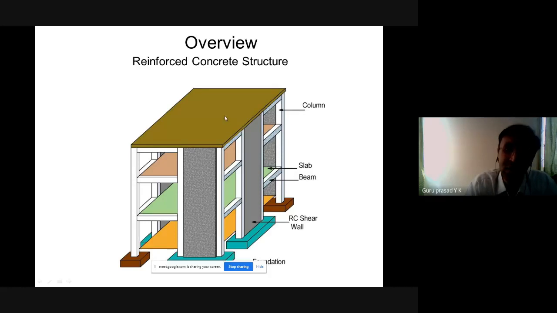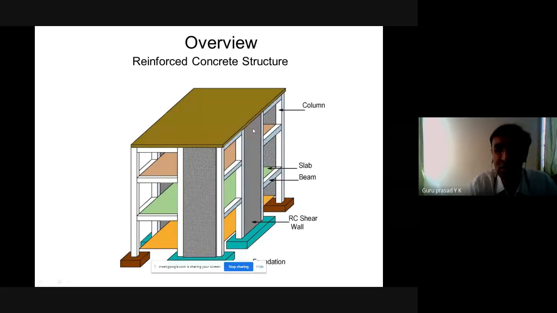Usually the load flow takes place from the slab, which is transferred to the beams. The load in turn is transferred from the beams to the columns, and the load from the column flows all the way back to the foundation, and that load from the foundation is transferred to the soil below.